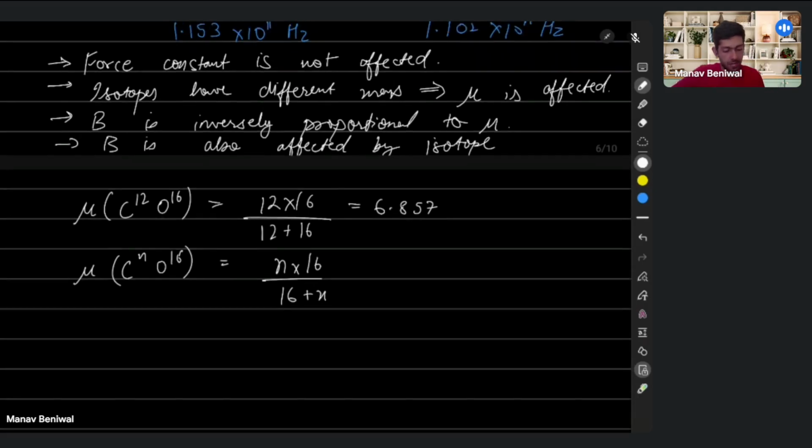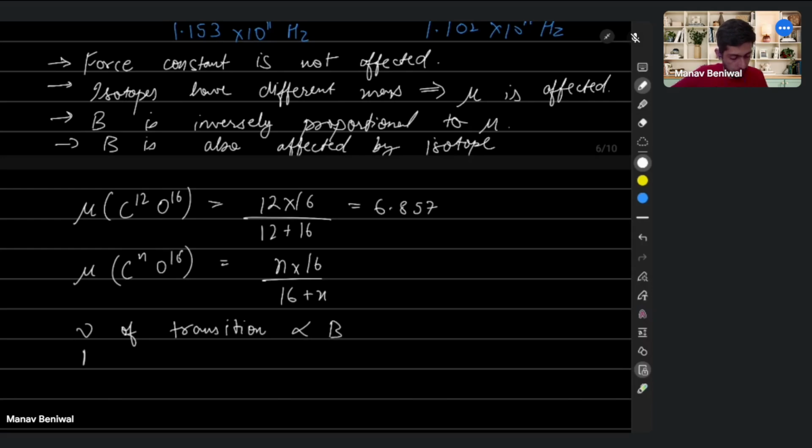So next, we have this transition from j equals 0 to j equals 1, and the frequency of this transition is proportional to b, and we know that b is inversely proportional to mu.